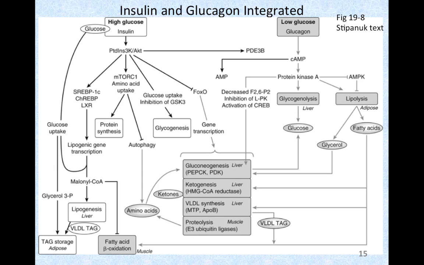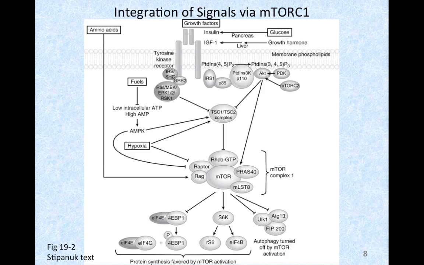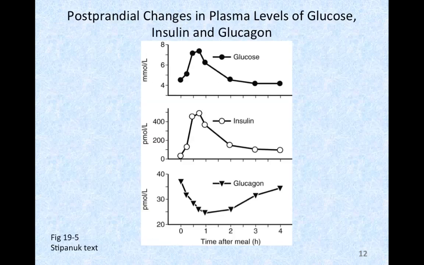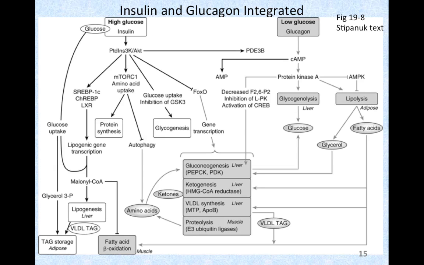So you could take that whole other slide and basically just slide it right on here by the AMP activated kinase, right? And all those processes that are activated on that slide are also occurring here.